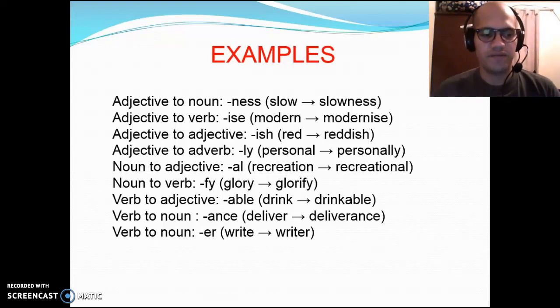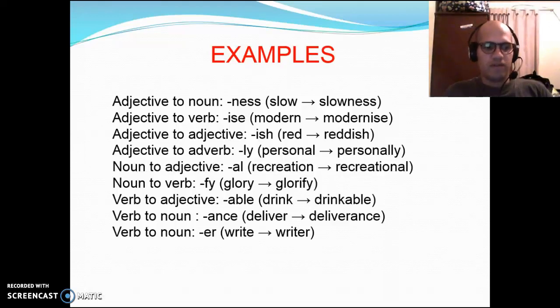Adjective to adverb, -ly: personal, personally. Noun to adjective, -al: recreation, recreational. Noun to verb, -fy: glory, glorify. Verb to adjective, -able: drink, drinkable. Verb to noun, -ance: deliver, deliverance. Verb to noun, -er: write, writer.